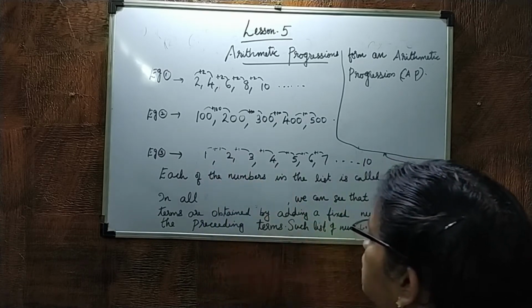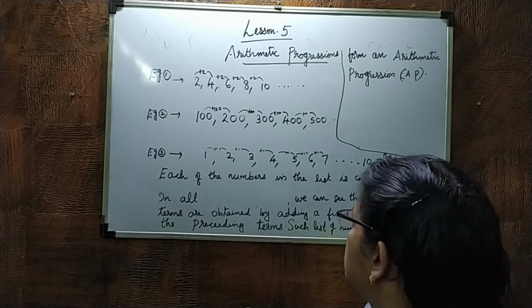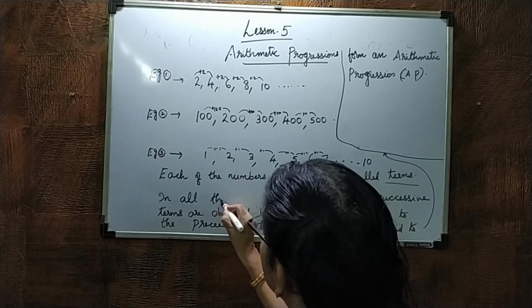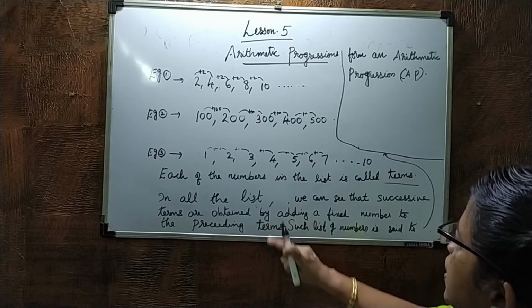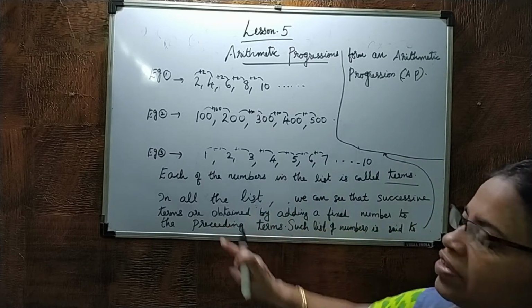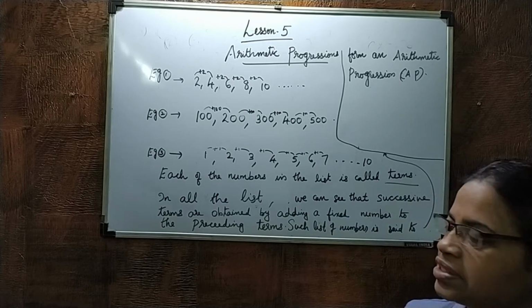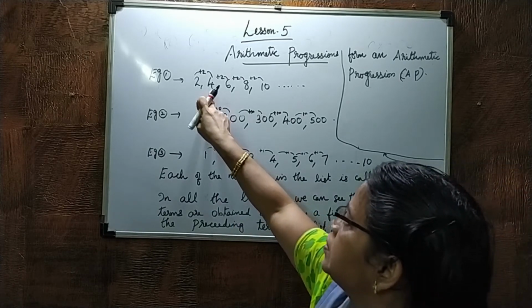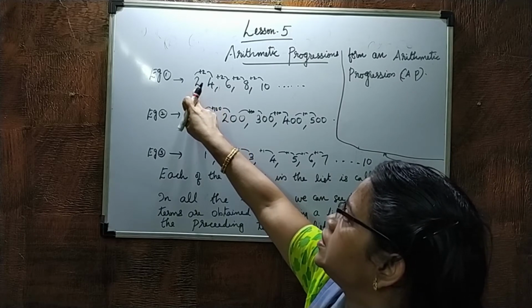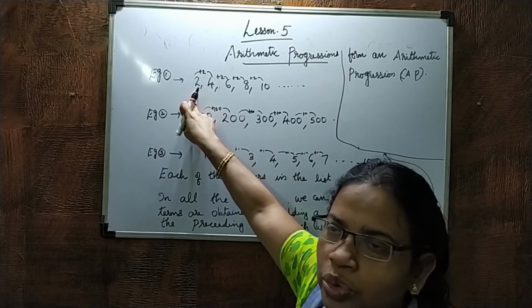In all the lists, what can we see? We can see that successive terms are obtained by adding a fixed number. Successive term, now look: 4, and the preceding term is 2, right?